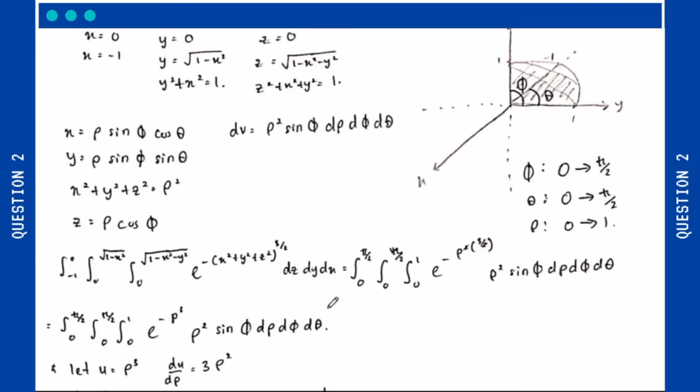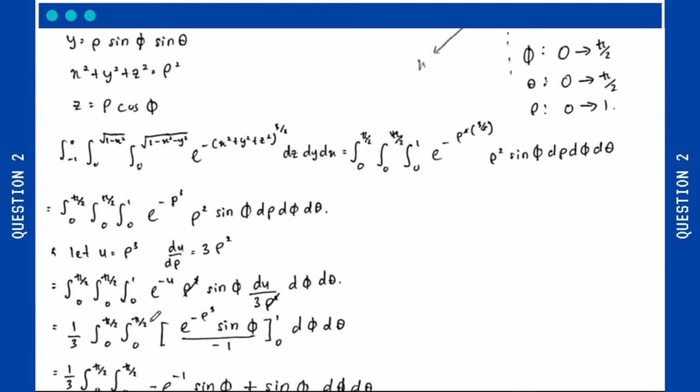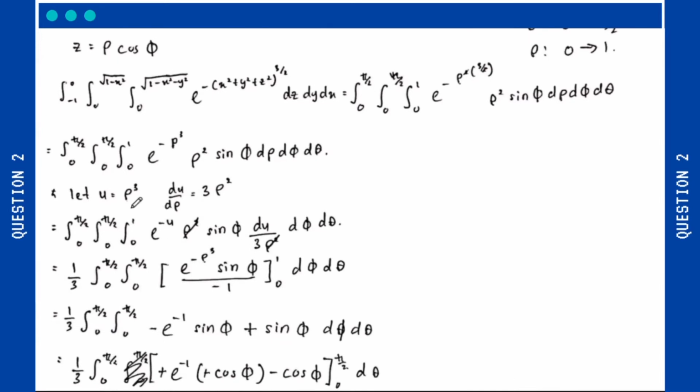This one is the integral in spherical coordinates with respect to rho. We substitute: let u equal rho to the power of 3, and du d rho is 3 rho to the power of 2. We cancel this one with this one, and we get this one.